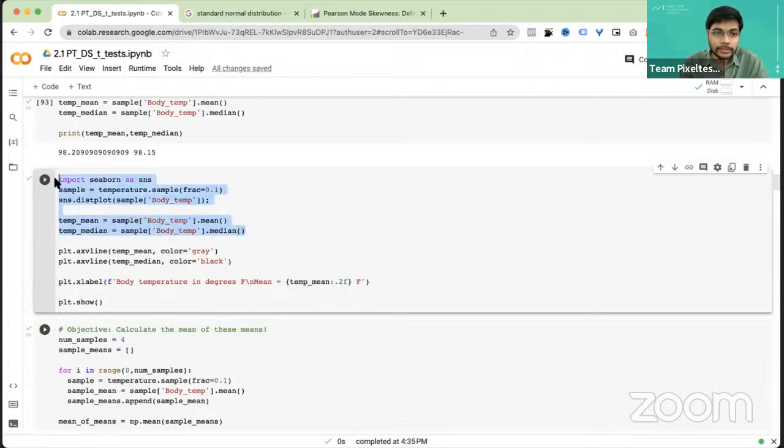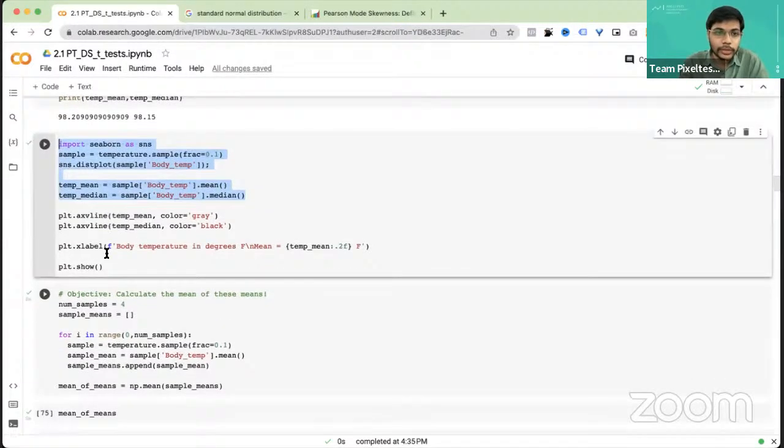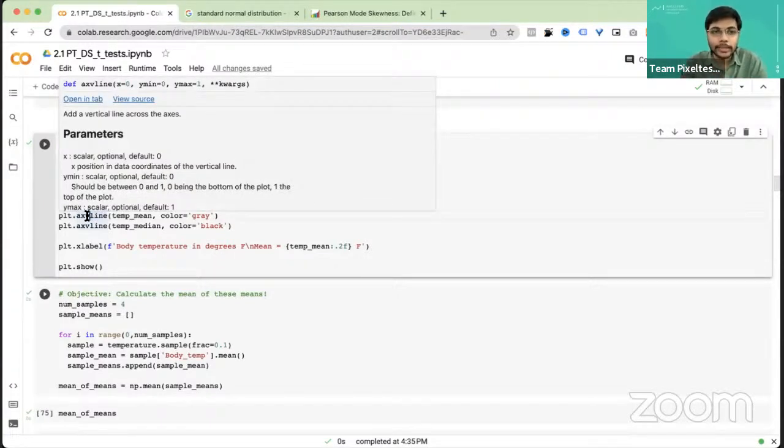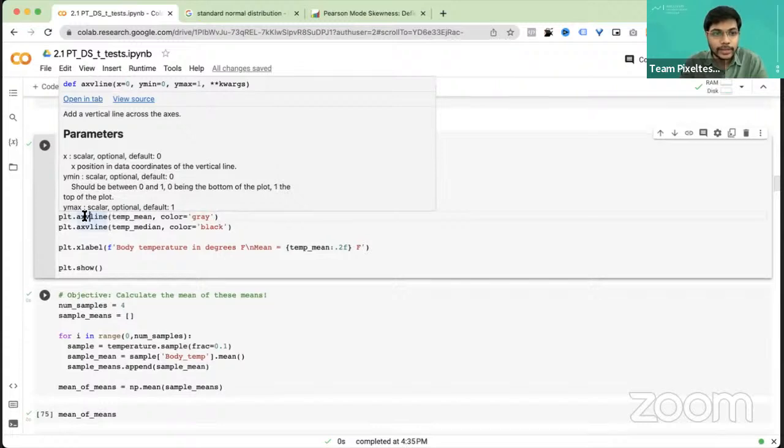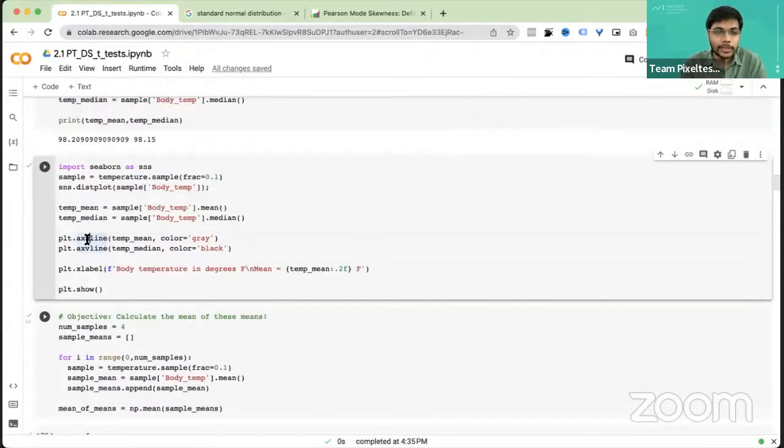Now till here we are clear. Now we are going to do a graph, and in that graph we'll also see what this AXV line does, right? What this does is it is going to plot one particular vertical line. So you can see that when I'm hovering on this, it is giving me information. What does it say? Let me hover.